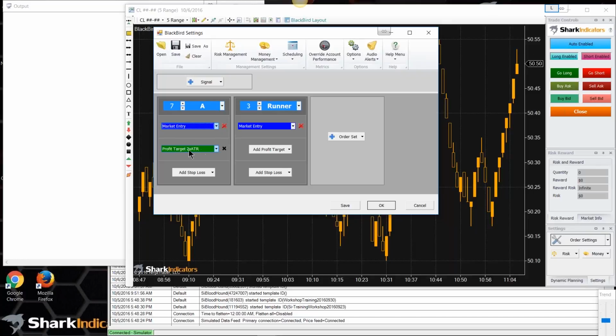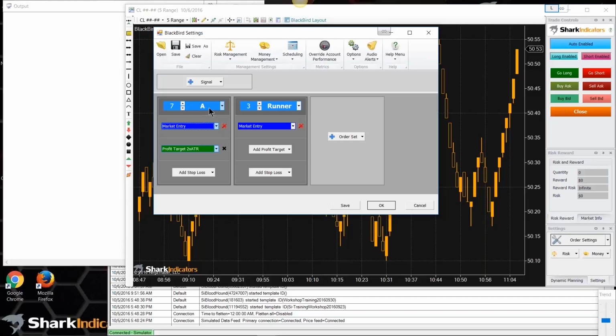If you're using an ATR to set your profit target, you never know what the volatility is going to be. So therefore your profit target is constantly going to be increasing or shrinking, the number of ticks, if you're using an ATR.